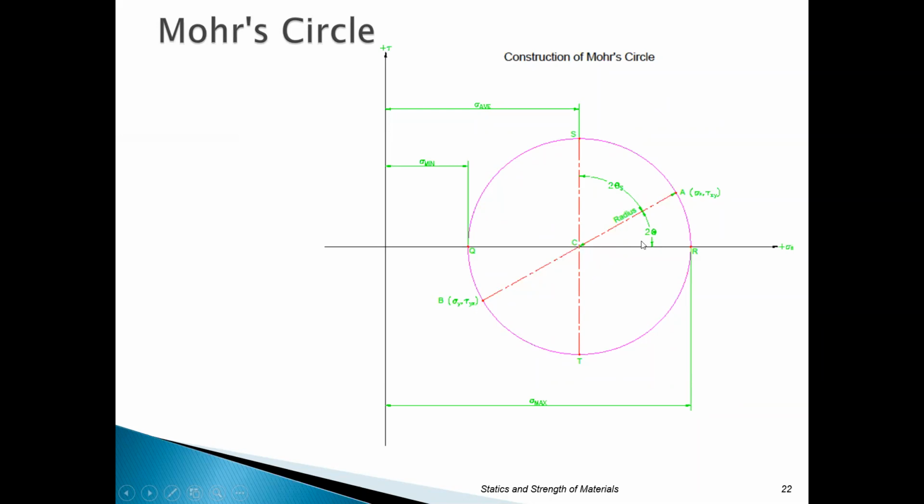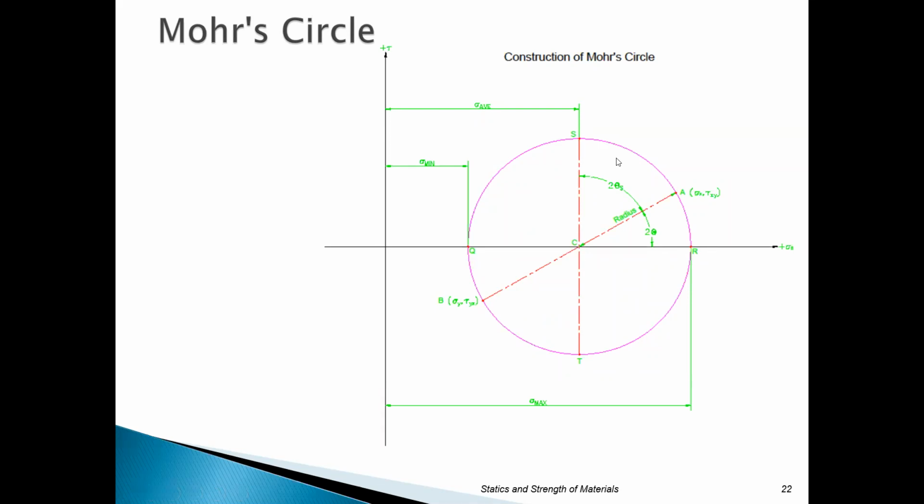Once you construct A, B, and C, that's the key thing. The rest of it just works out from there. So remember, what we did was calculate a radius, which would be this distance, or that distance, or that distance, any of those. The maximum normal stress occurs at this point R, and the minimum occurs at point Q. The maximum shear stress is always at S, and the minimum is always at T, and that's just related to the radius itself.